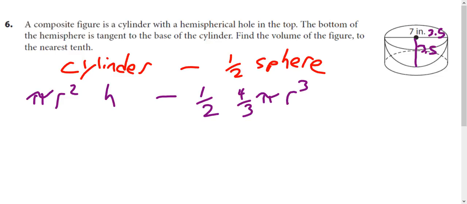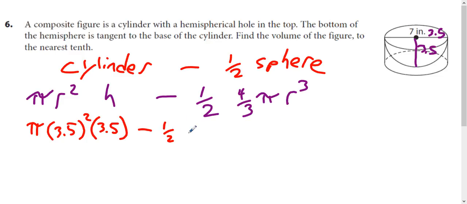And plug in the numbers that we identified here. The radius is 3.5. The height is 3.5. And the radius is 3.5.